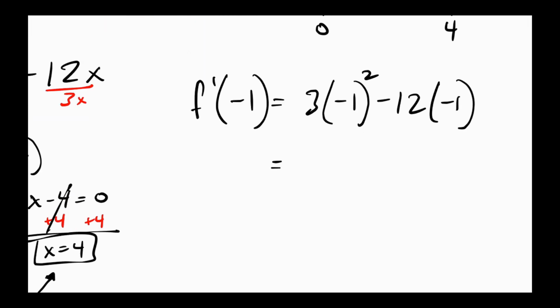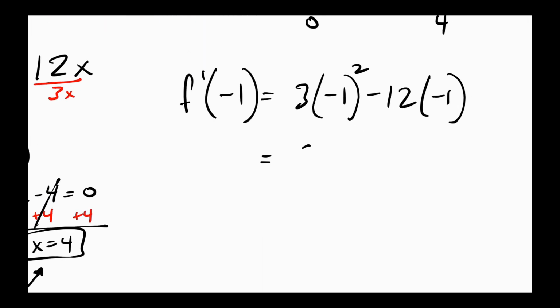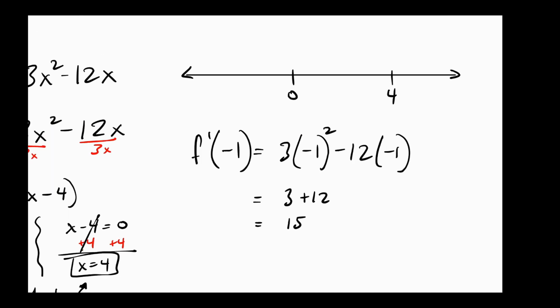Okay, so plug it in, I get 3 plus 12. That's equal to 15. I don't really care what the number is. All I want to know is if it's positive or negative. So whether it's a 15, whether it's a 20, whether it's a 2, I don't really care what it is. I just wanted to know the sign. So 15 is positive.